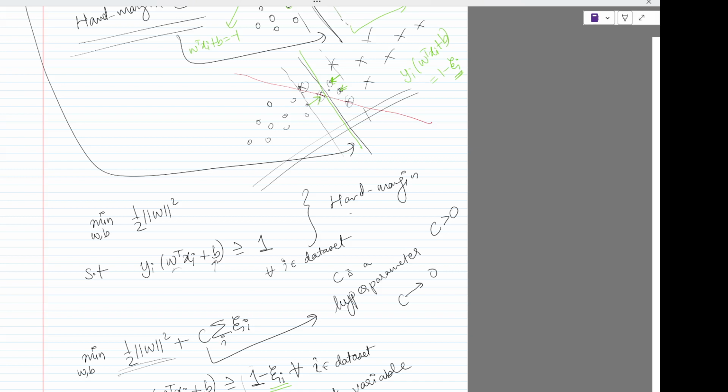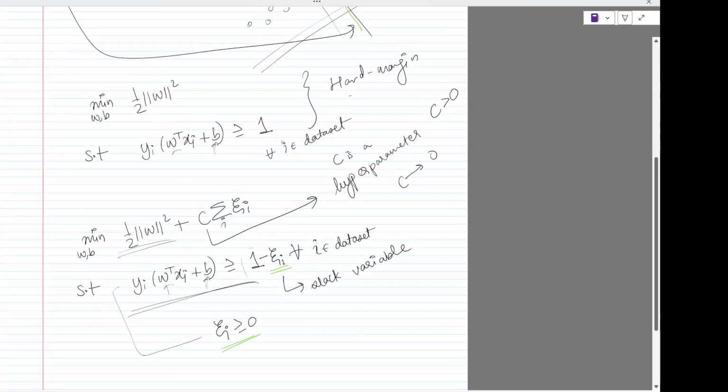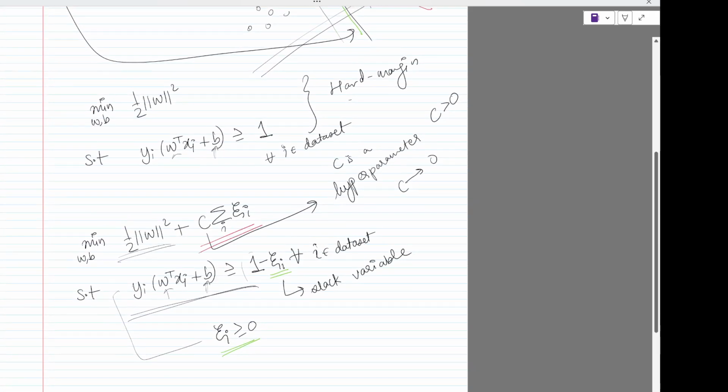That means it will allow big slackness, like even this red line may be found, where you have points coming like this. On the other side, it may allow too much slackness. I hope I'm getting the point across. So this is your soft margin SVM.